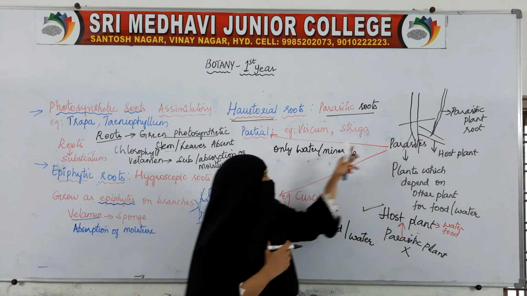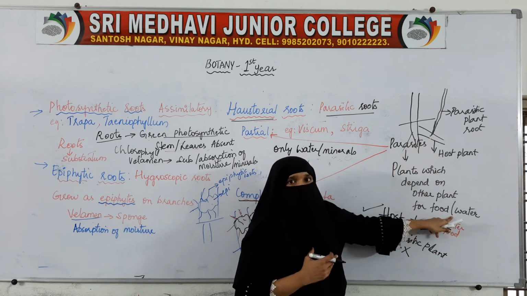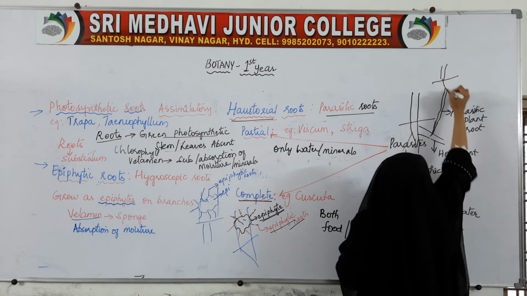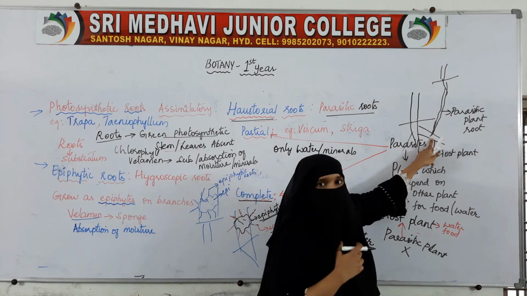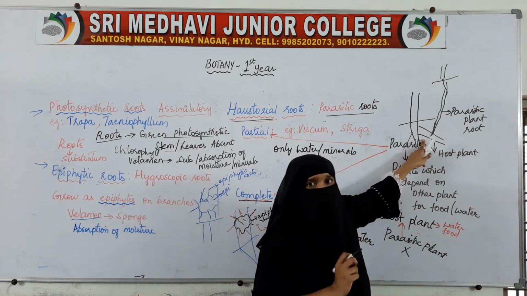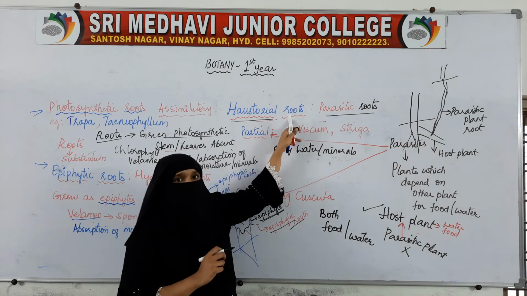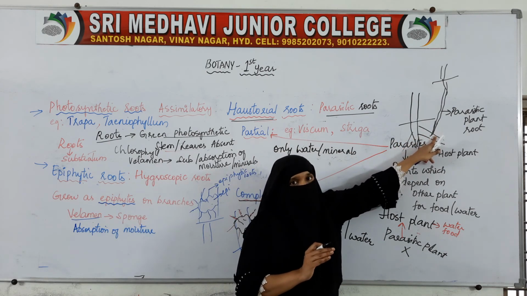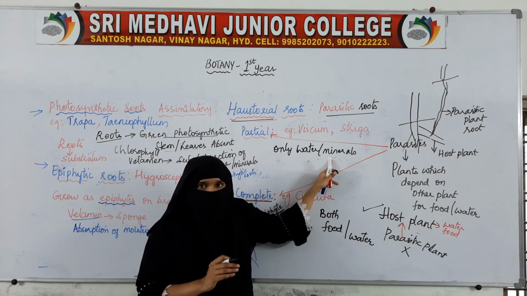The roots of this parasitic plant attack the host plant and take the water. Such roots are called parasitic roots. This plant is a partial parasite because it takes only water and minerals.